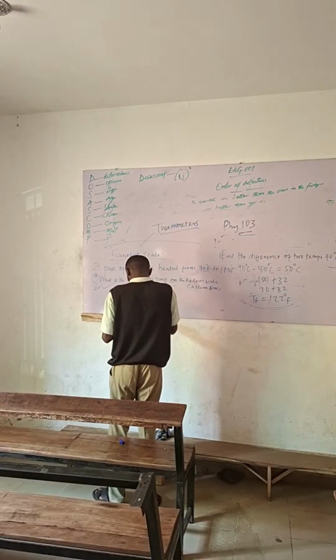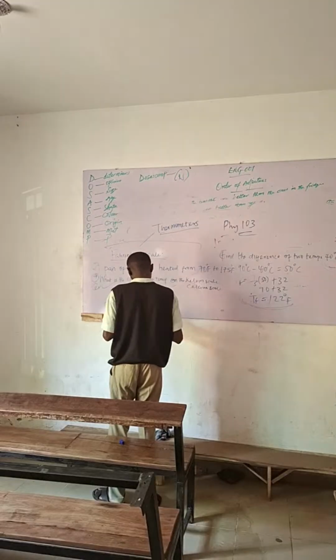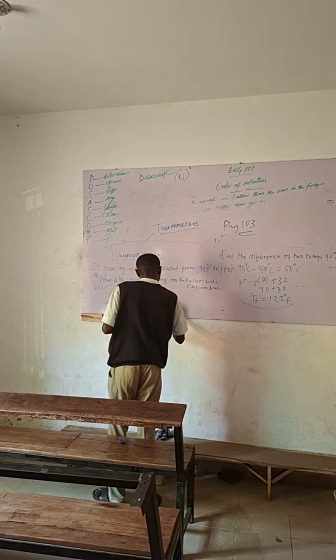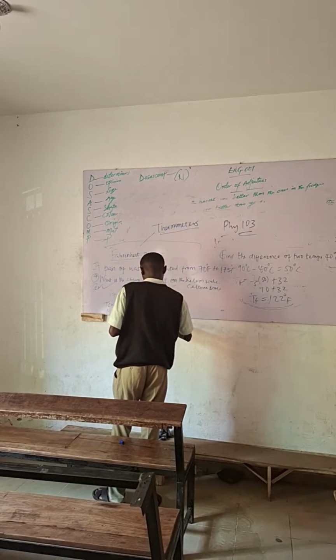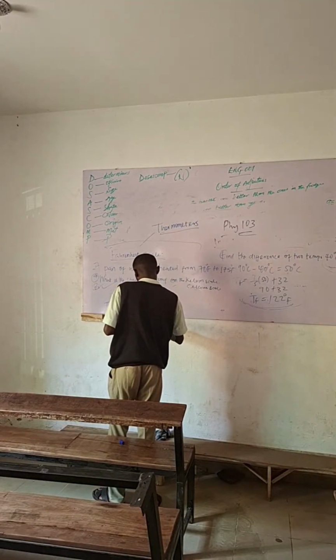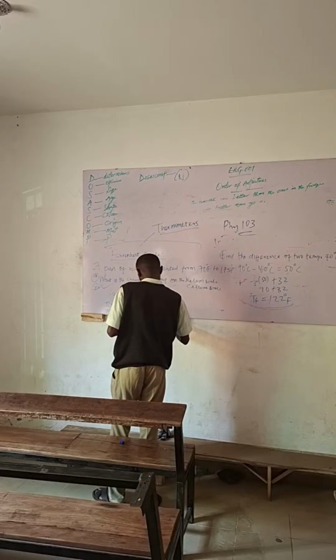What's your Celsius? 40.5 Celsius. So 40.5 plus. How did you get to 330, sir?